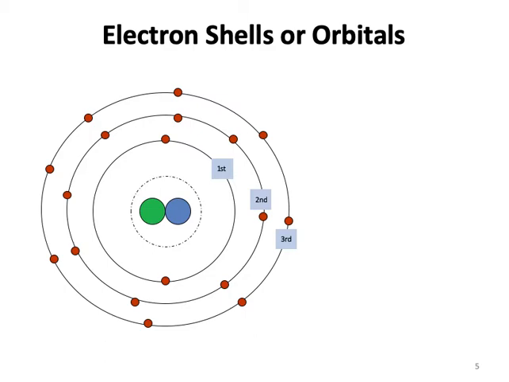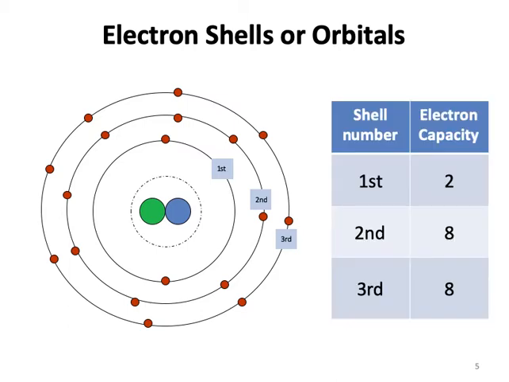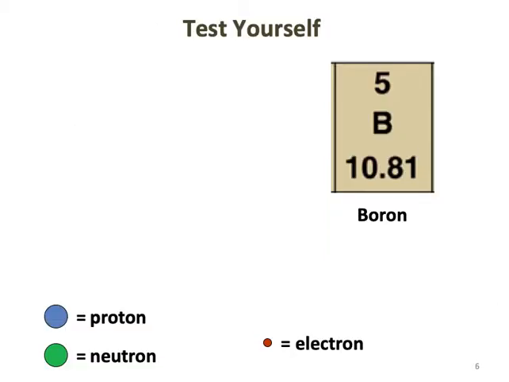So any element that has an atomic number of more than 18, we're not going to deal with. In fact, we're not going to deal with most of those. So to summarize, the first shell or orbital has an electron max capacity of 2, and the second and third orbitals have a max capacity of 8.